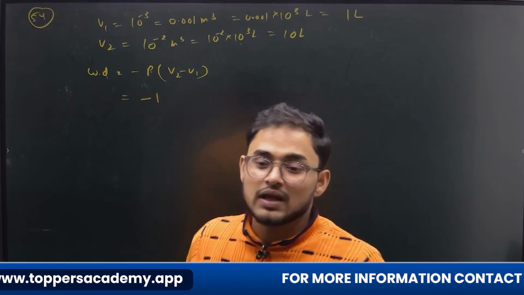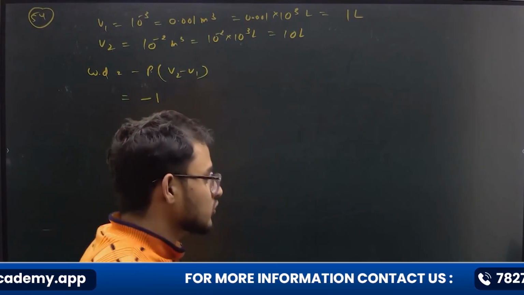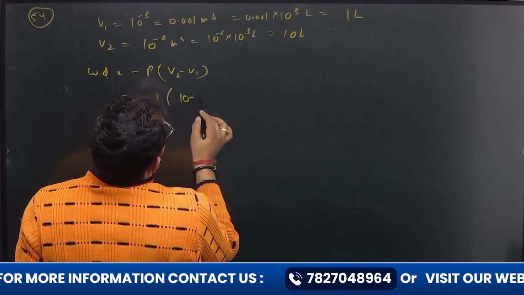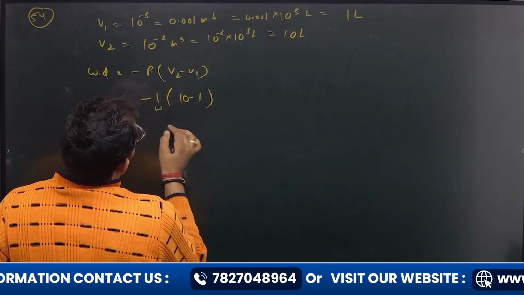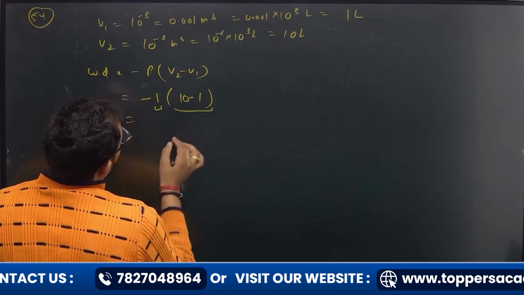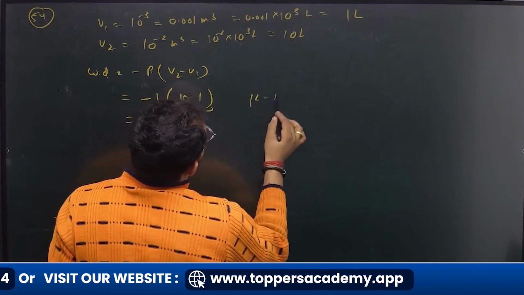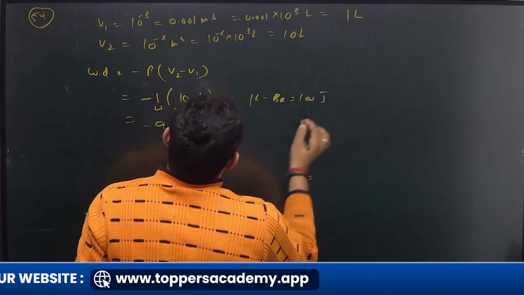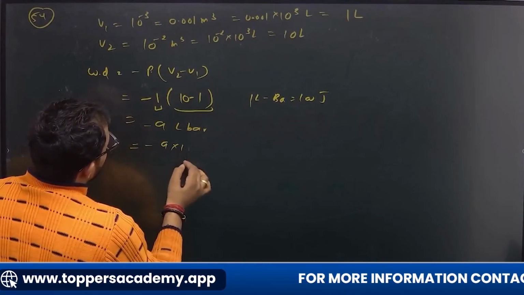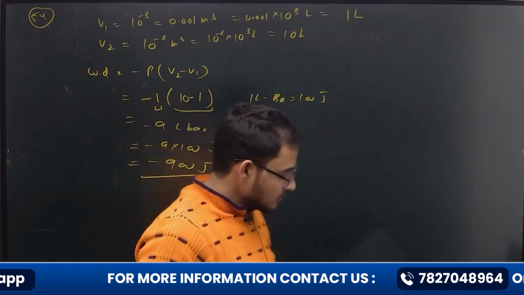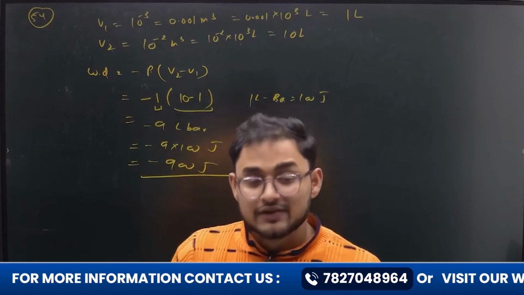So in place of P, I can put 1 bar here. 10 minus 1, it was in bar, it was in liter. So I can say 10 minus 1, 9, 9 into 1, minus 9 liter bar. And 1 liter bar is equal to 100 joule. So minus 9 into 100 joule is equal to minus 900 joule. That is question number 54.